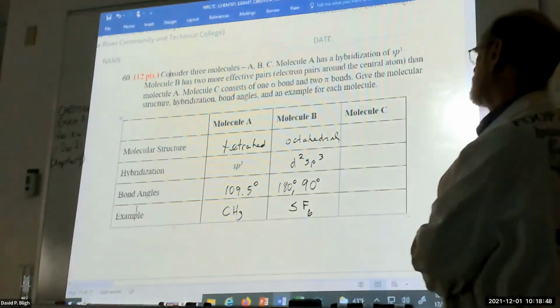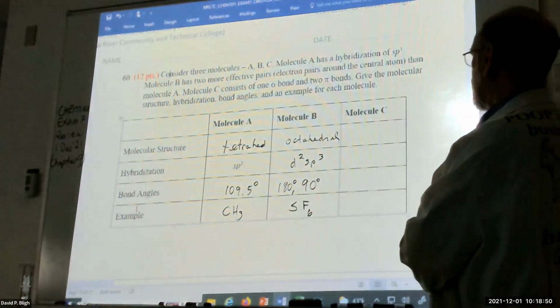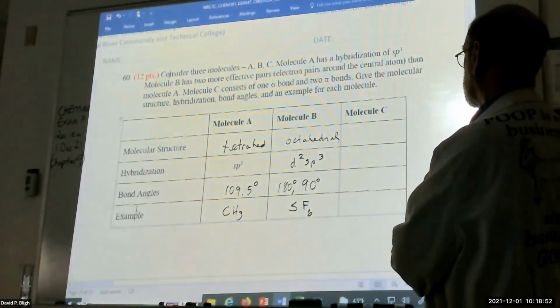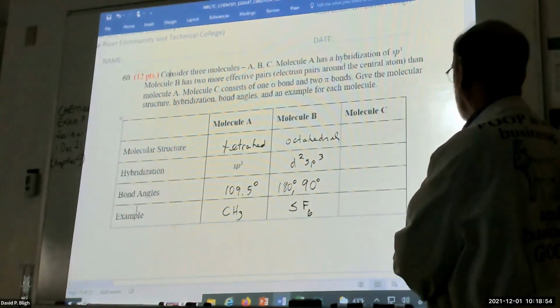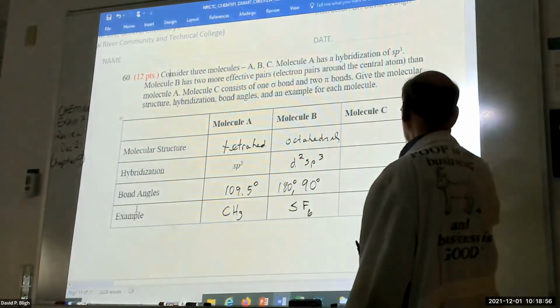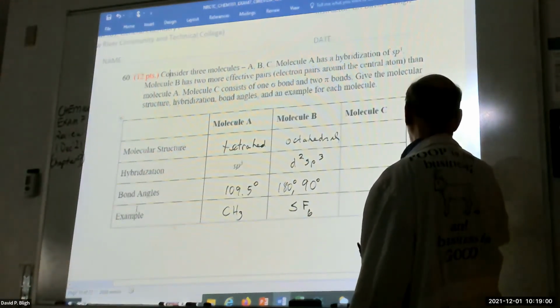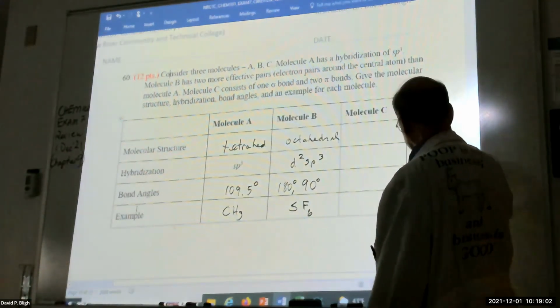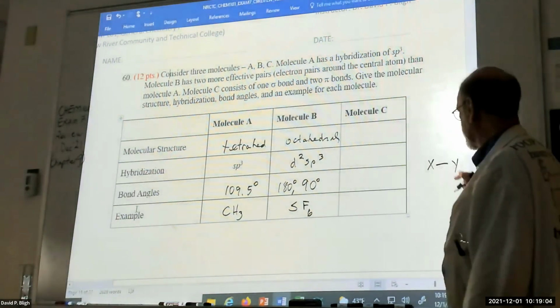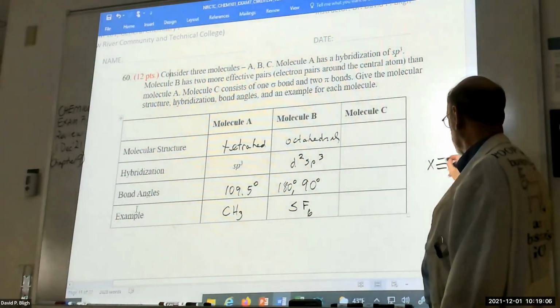Molecule C consists of 1 sigma bond and 2 pi bonds. So we have to assume 1 sigma. Let's see, if it was diatomic, 1 sigma and 2 pi's would be like that.